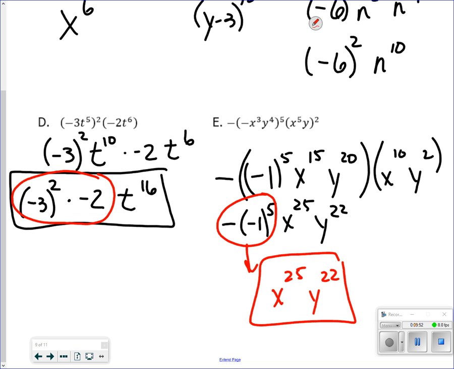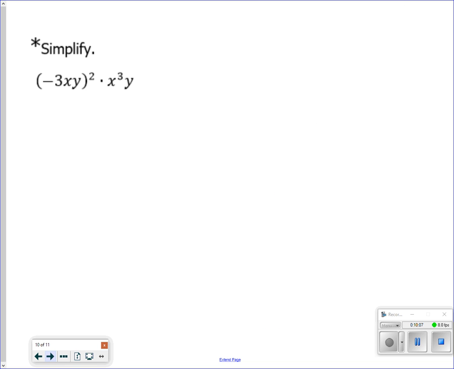Now again, later we're going to talk more about evaluating our numbers. To be honest with you, that is just a positive 1. So the back of the book might give you that answer, because -1 to the 5th power is -1, and -1 times a negative is back to a positive. So I'm not sure, depending on how your directions go, whether or not you're going to evaluate all numbers.